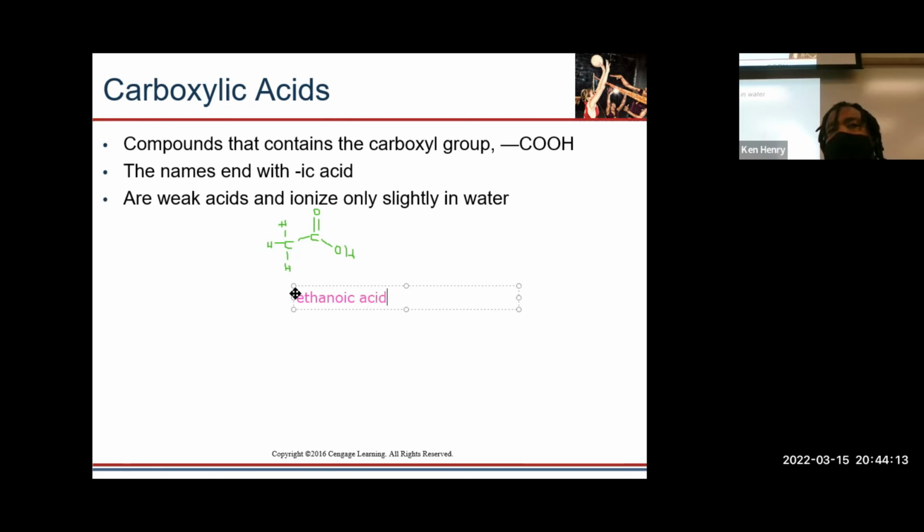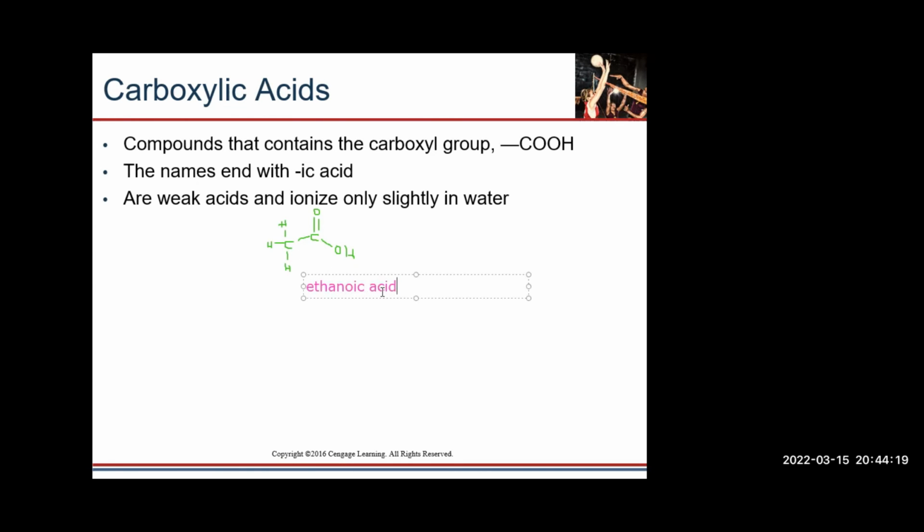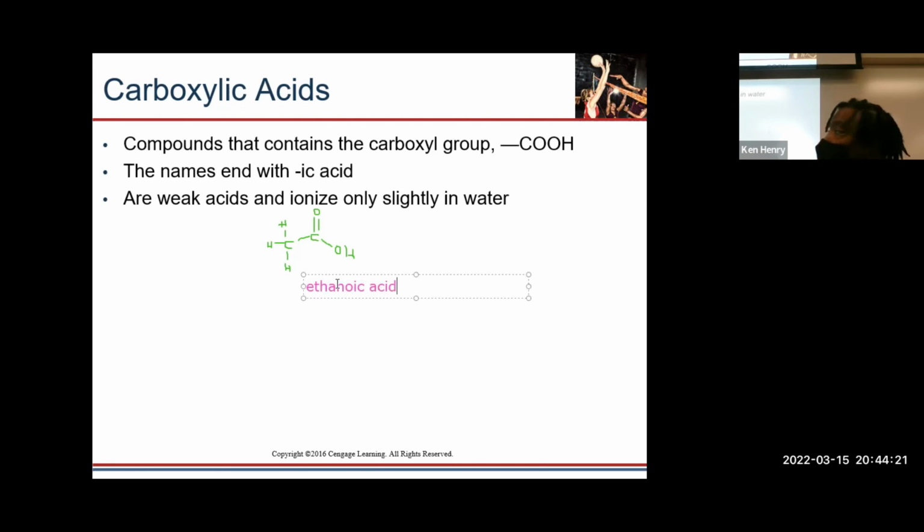For carboxylic acids, oic acid is what we add on. Anytime you see a C double bonded to an O and an OH, we know it's a carboxylic acid. Then you just count the number of carbons, 1, 2, and give it its name. So this one would be called ethanoic acid.